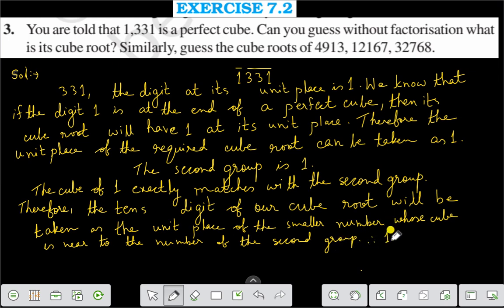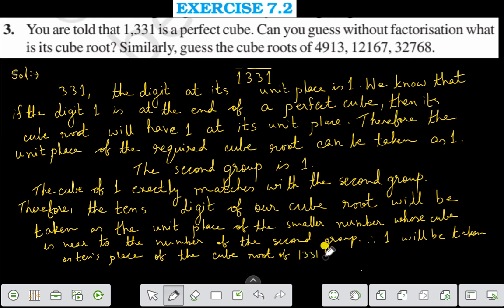Therefore, 1 would be taken. Therefore, 1 will be taken as the tens place of the cube root of 1331.